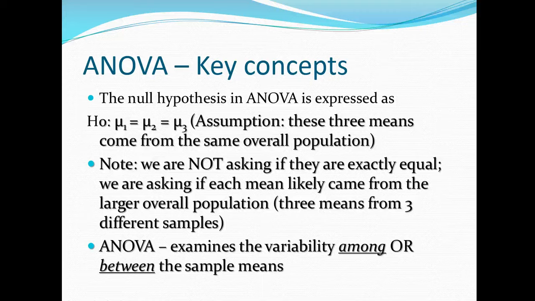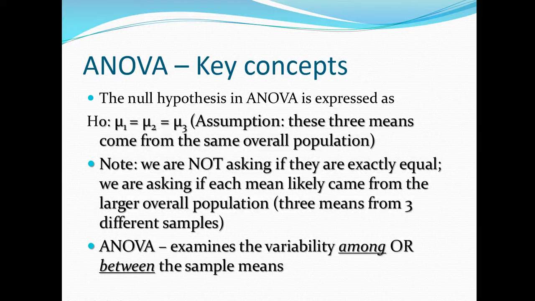So the assumption is that these three means come from the same overall population, that there's no difference whatsoever among the three means, whether it's the distance between mu1 to mu2, or the distance of mu2 to mu3, or the distance of mu1 with mu3.